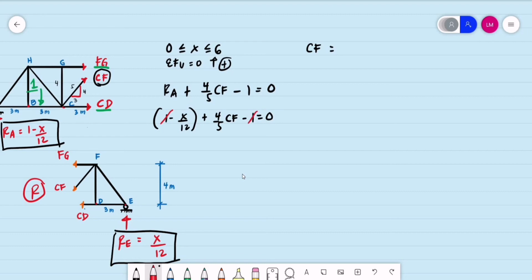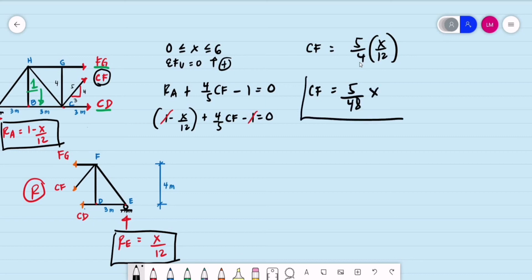Then the equivalent of CF will be 5/4 multiplied by x over 12, and I think that will be positive. So we have CF equal to 5 over 4 times 12, which is 48, of x. So this is the equivalent of the axial force for member CF for the interval 0 ≤ x ≤ 6.